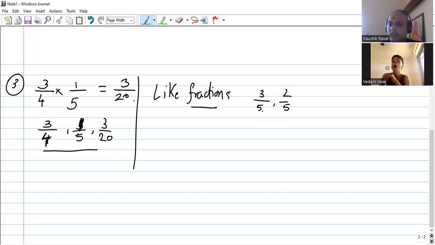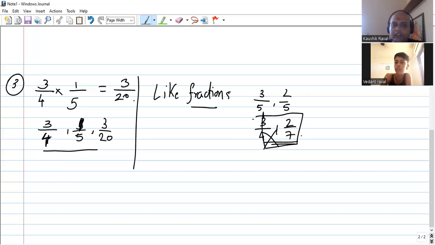So these two are called like fractions. 3 by 4 and 2 by 7 are not like fractions. You can compare fractions when they are like fractions only, not unlike fractions. These are unlike fractions, right? So if you want to compare unlike fractions, you have to make these three into like fractions.